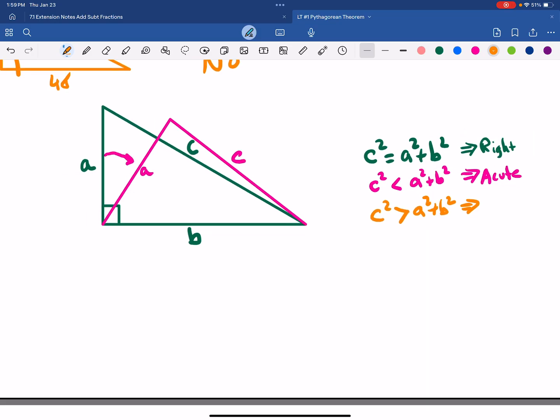So that means we're taking A and we're going to extend it out, but keep the length of A. So there's A. And C is now longer. It's been elongated. And when C squared is greater than A squared plus B squared, we get this triangle, the orange one, which is an obtuse triangle.